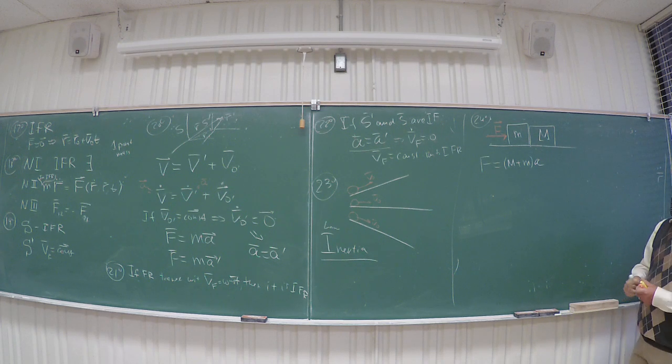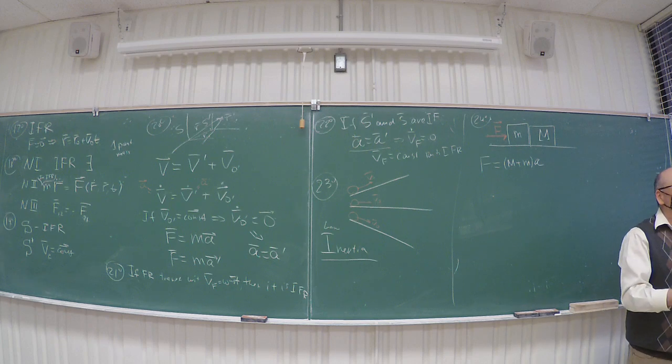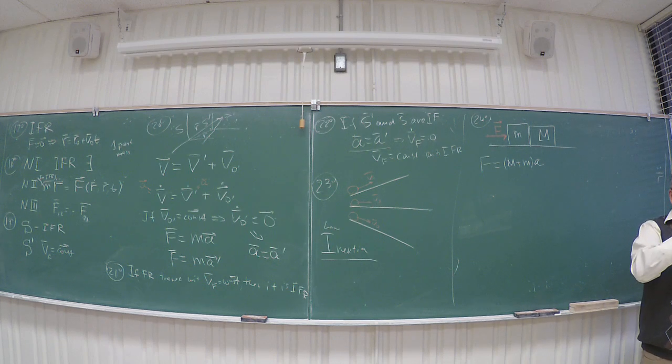So, until we learn what a field is, gravitational field, okay, let me tell you this way. Only objects that are in direct contact interact with each other, act on each other.